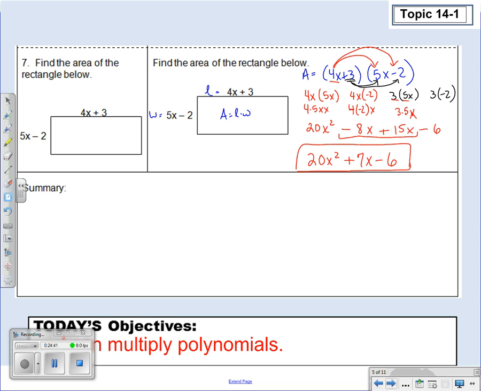So to summarize, how can we multiply polynomials? We have two different kinds. We have a monomial times a polynomial.